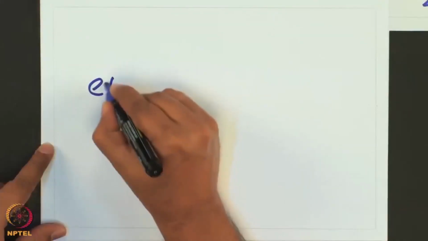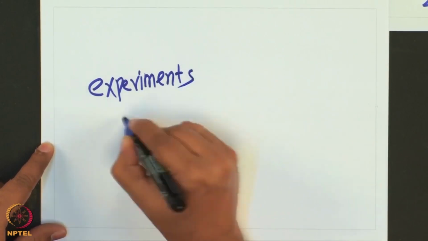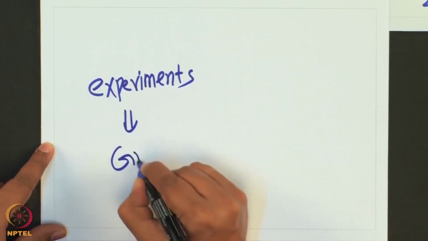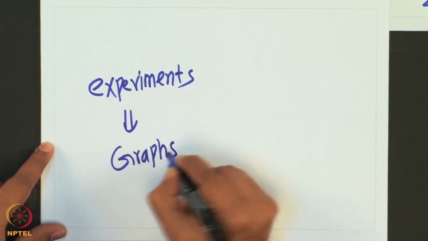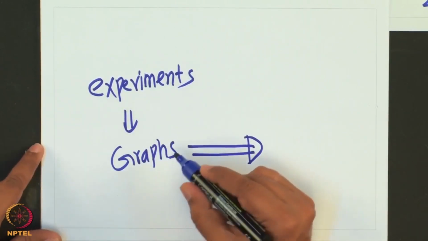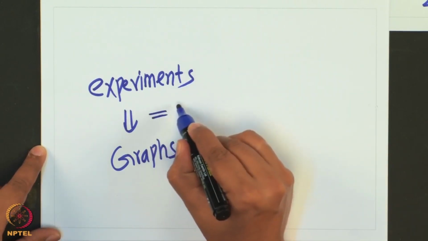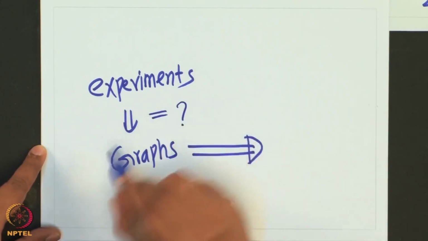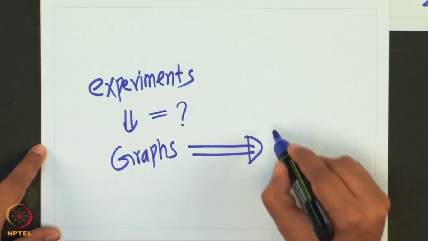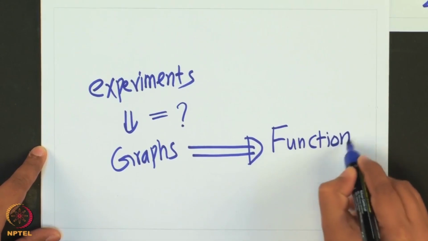We do experiments, and experiments would produce some graphs. First of all, how to plot a graph, how to think of an experiment that would lead to some nice graph. There are some interesting questions here which we would briefly discuss, but graphs are related to mathematical functions.